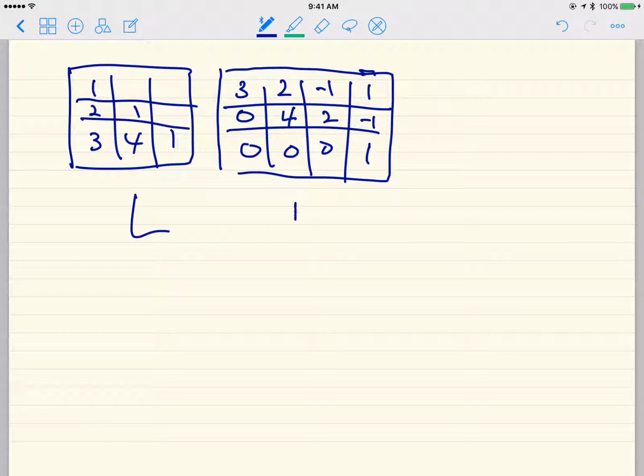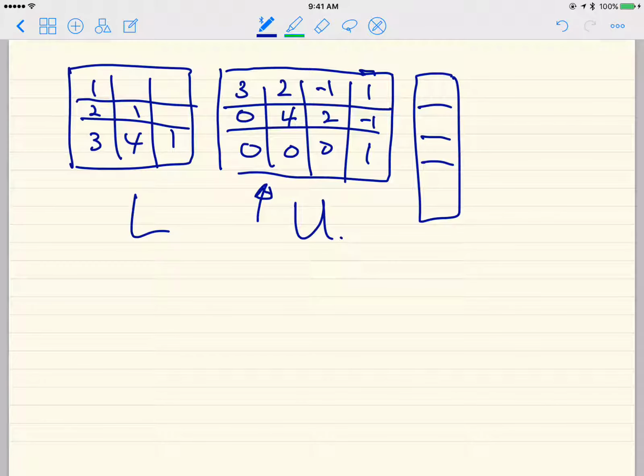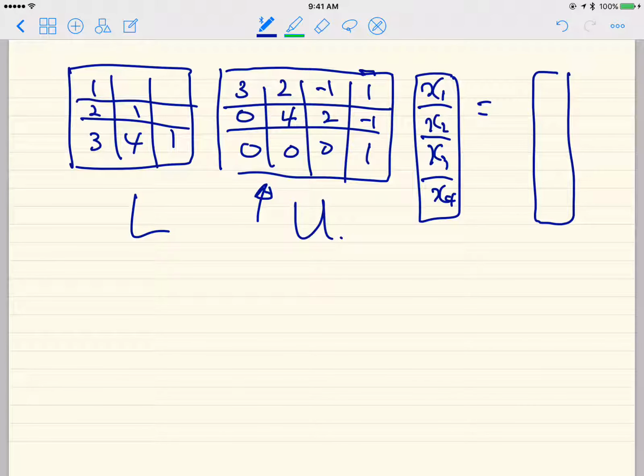Okay, so this is your LU. This is clearly one of your echelon forms. Then your linear system will have x1, x2, x3, x4, and suppose you are given the b vector as 0, 1, 2, 3. So I just created some linear system randomly.